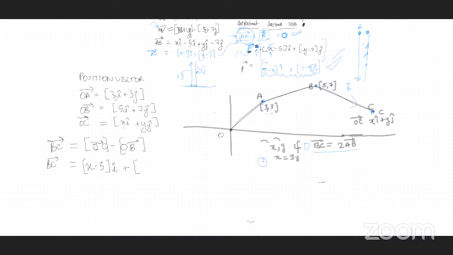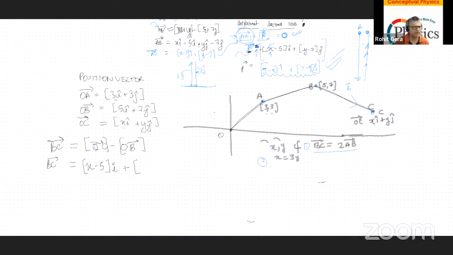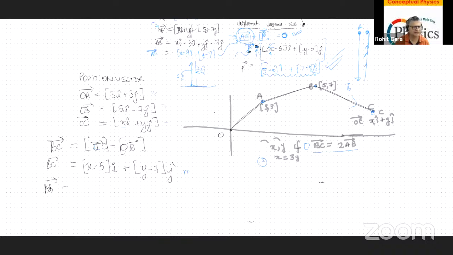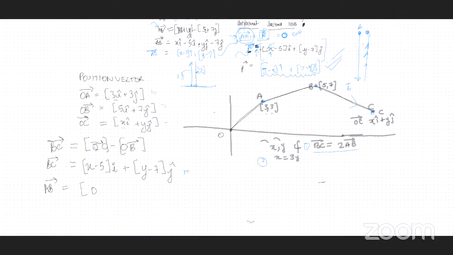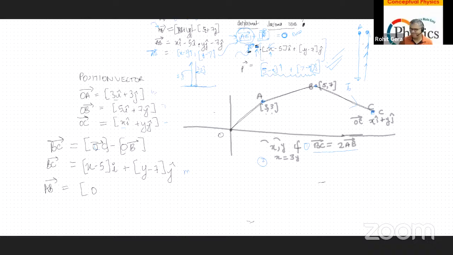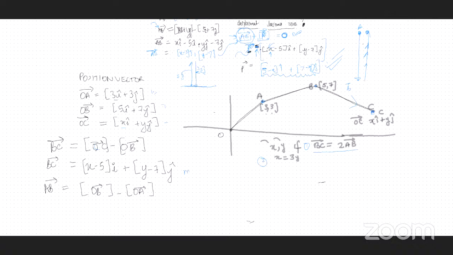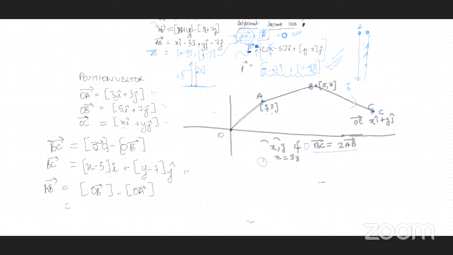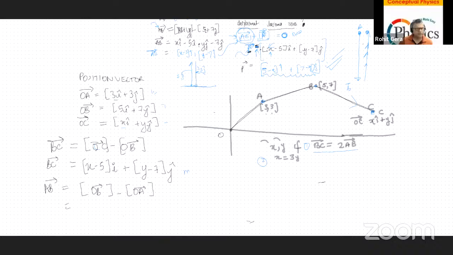And now AB. AB is OB minus OA, which is 5, 7 minus 3, 3.